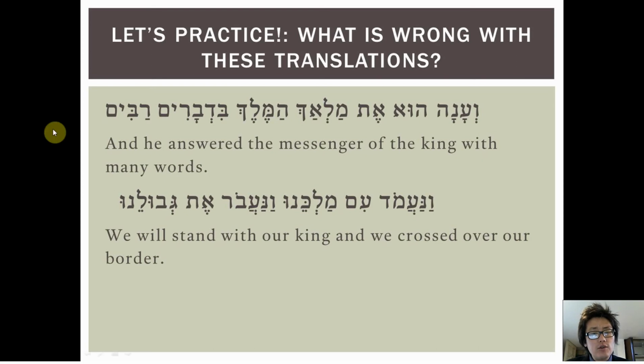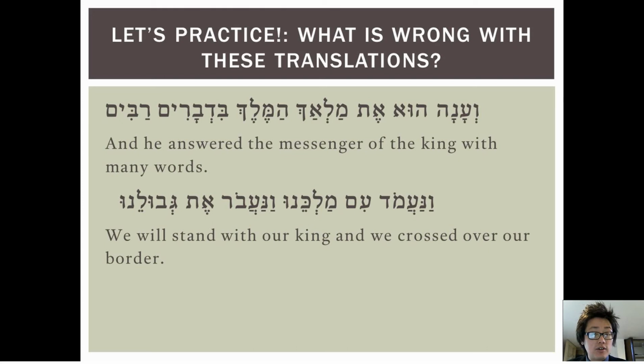Now you might be confused by why I translated the bet with. This is yet another example of how these prepositions are quite flexible. The bet that I'm using to translate here is often called the bet of means, and it describes the means by which somebody completes an action, and in this case the action is ve'ana.